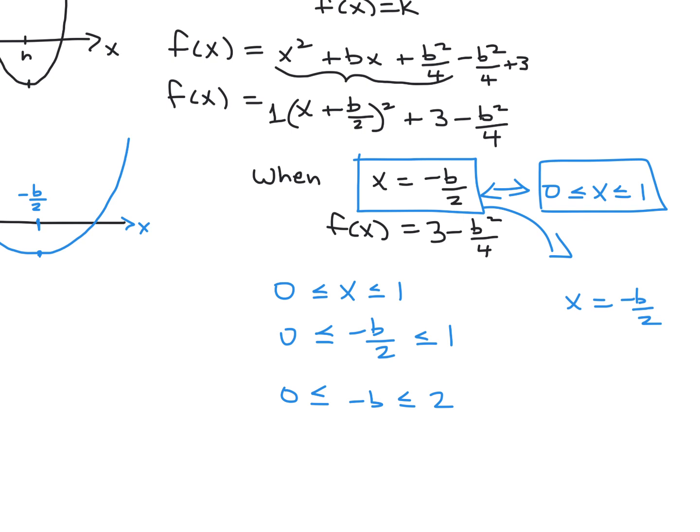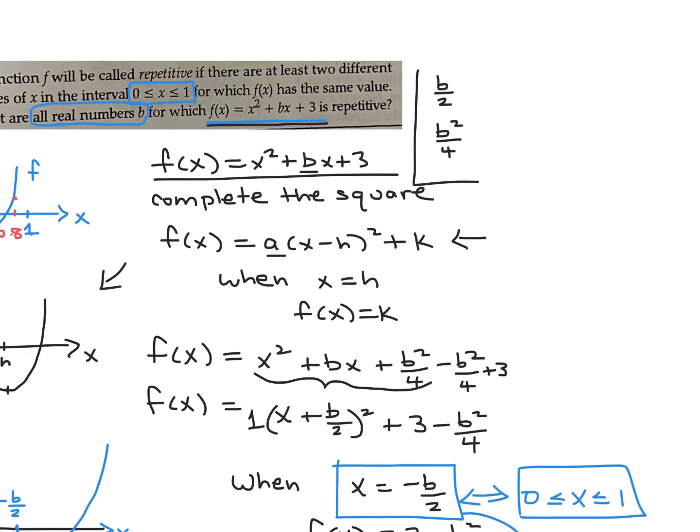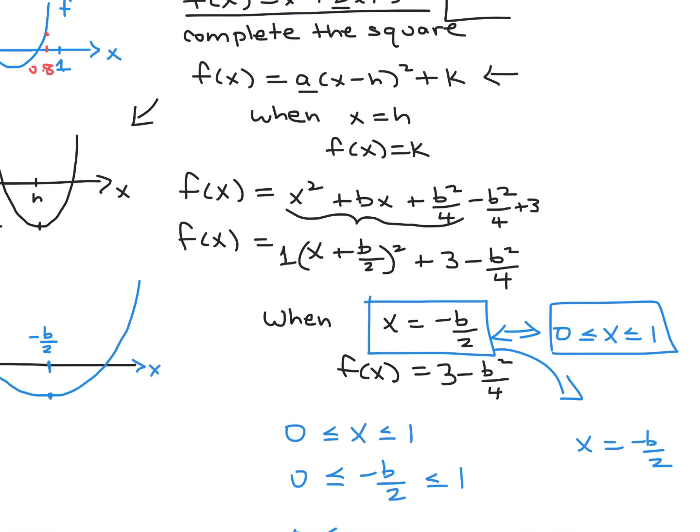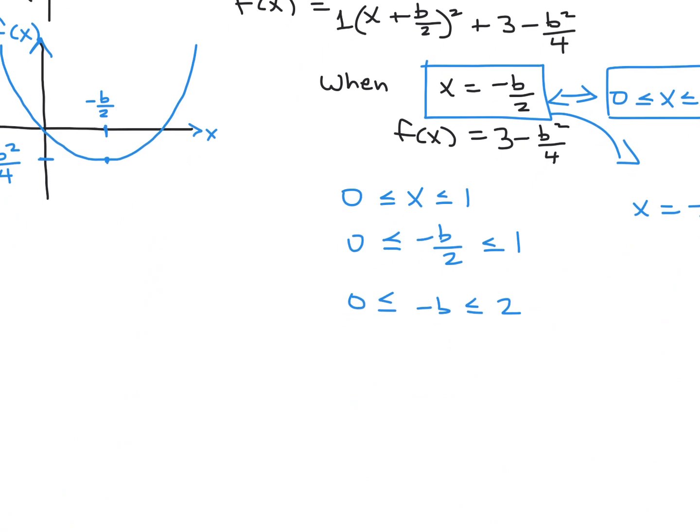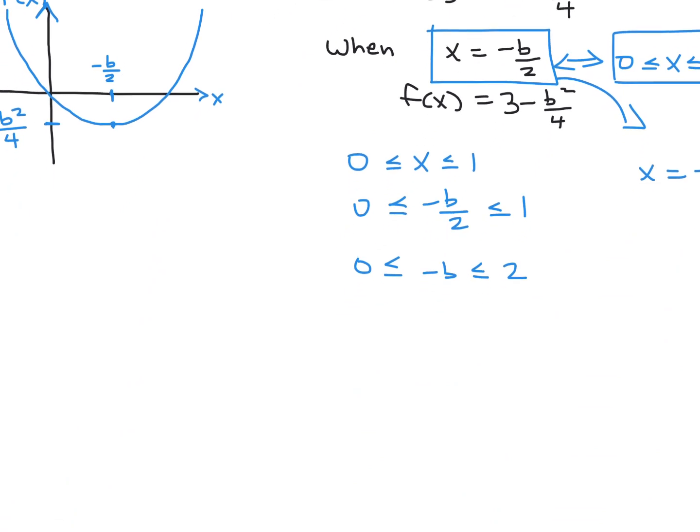And then multiply through by negative 1. Is this less than or equal to? Yeah, less than or equal to. So then that would be b greater than, multiplying through by a negative, right? So minus 2 and less than 0. And I believe that should be the correct answer.